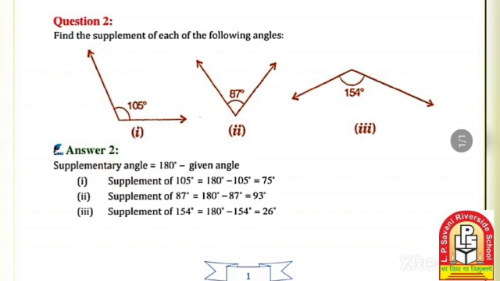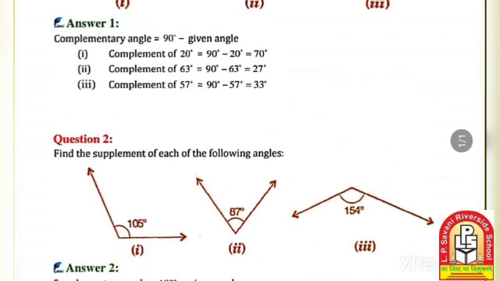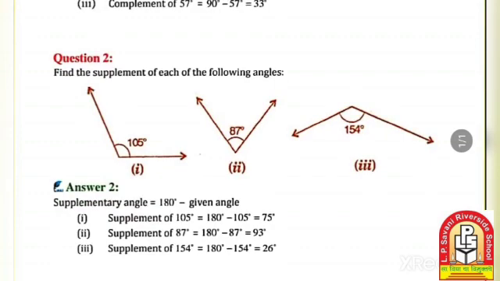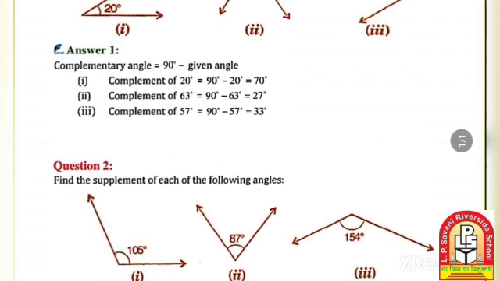First of all, you have to be clear about what the supplementary angle is and what the complementary angle is. In complementary angles, the sum of the two angles is exactly 90. And in supplementary angles, the sum is 180. So if two angles make a sum of 180, they are known as supplementary angles. And if two angles make a sum of 90, that is known as complementary angles.